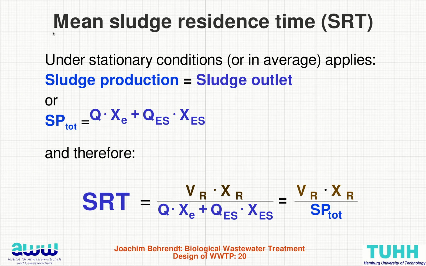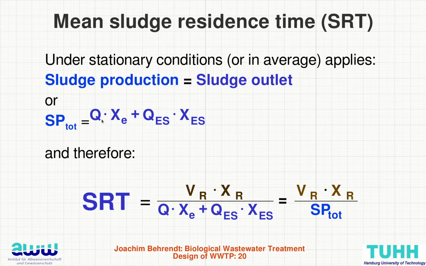Then the main challenge is to find out the mean sludge retention time which is required for this operation. We have learned that this sludge retention time in average conditions is the same as the sludge produced that we can remove from the system.